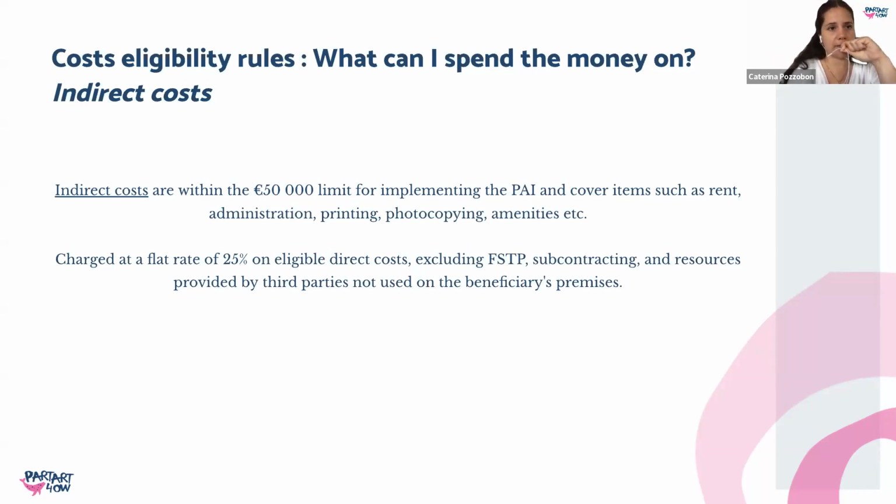There are some exceptions of things that cannot be covered with these indirect costs, which are the financial support for third parties, subcontracting, and other aspects that you can also find listed in the guide for applicants. So keep in mind that you can claim 25% of the total amount with these indirect costs, but not more than 25%. Next, please.